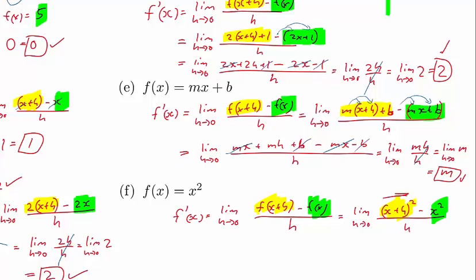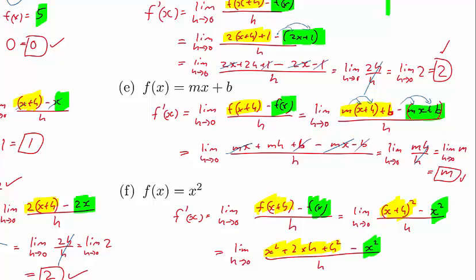Alright, so now we've got to expand this term here. Alright, so all I did was expand the term. That's all I did. Note that this term is still equivalent to everything else you see in yellow.